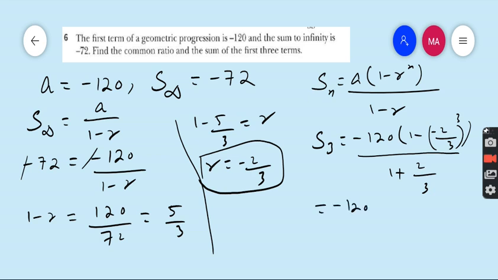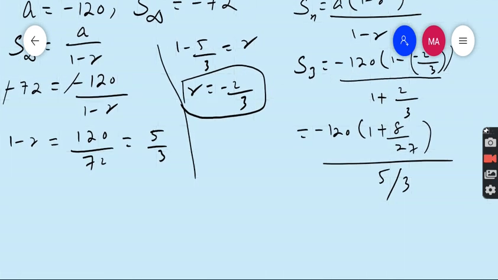So minus 120, and 1 minus a negative number to an odd power becomes 1 plus 2 cubed, which is 8 upon 27. Three ones are 3 plus 2 is 5 upon 3. So minus 120, 27 plus 8 is 35 upon 27, and this 5 upon 3 becomes 3 upon 5.